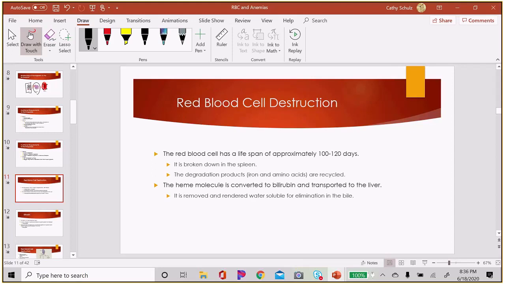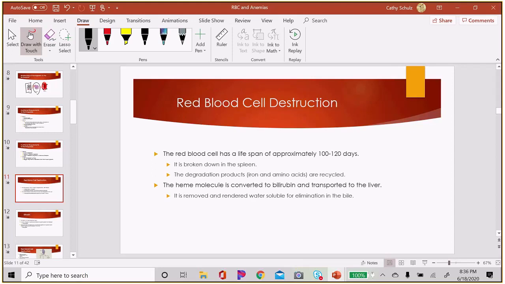Like I said, its lifespan is between 3 to 4 months. And what happens over time is the blood cell loses some of its ability to move and contract as the actin myosin filaments inside the blood cell age.